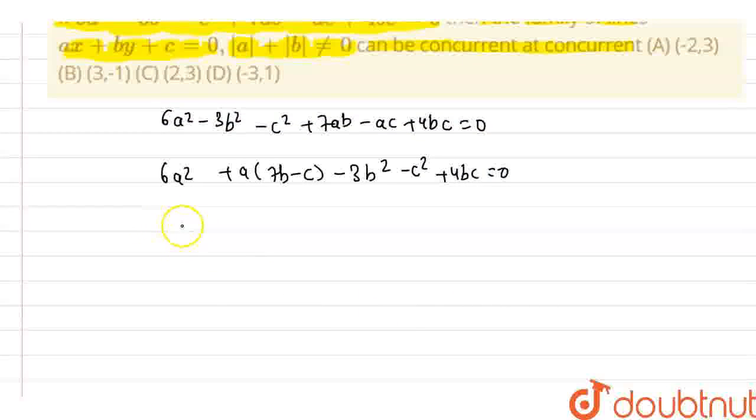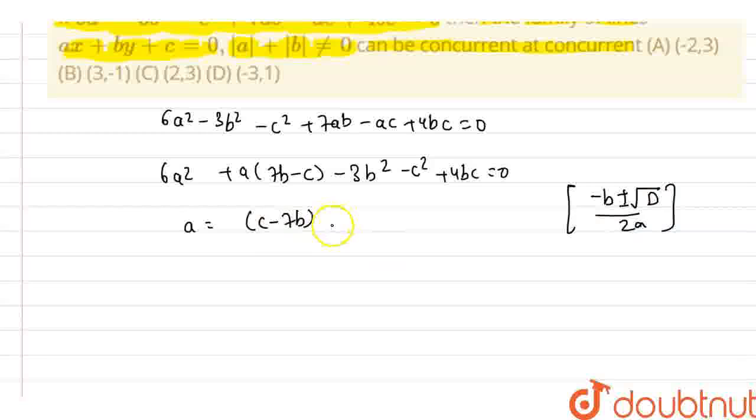So the roots: a = (−B ± √D)/2A. The roots formula is minus b plus or minus the square root of the discriminant, divided by 2a.